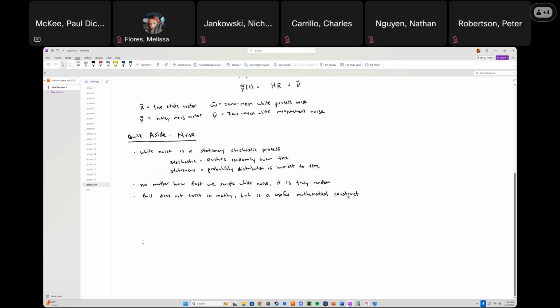So in our dynamics model, G of t omega of t describes the noise that corrupts our dynamics. We call this process noise.